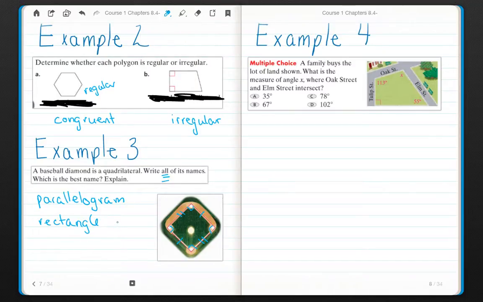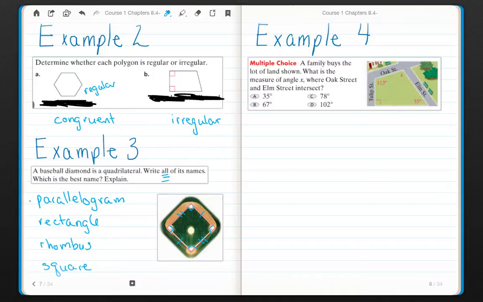It is also a rhombus because it is a parallelogram with 4 congruent sides. Each of these sides is the same length. So it is a rhombus also. And it is also a square because it is a rhombus, so all 4 sides are the same length, but it also has those 90-degree angles from the rectangle.